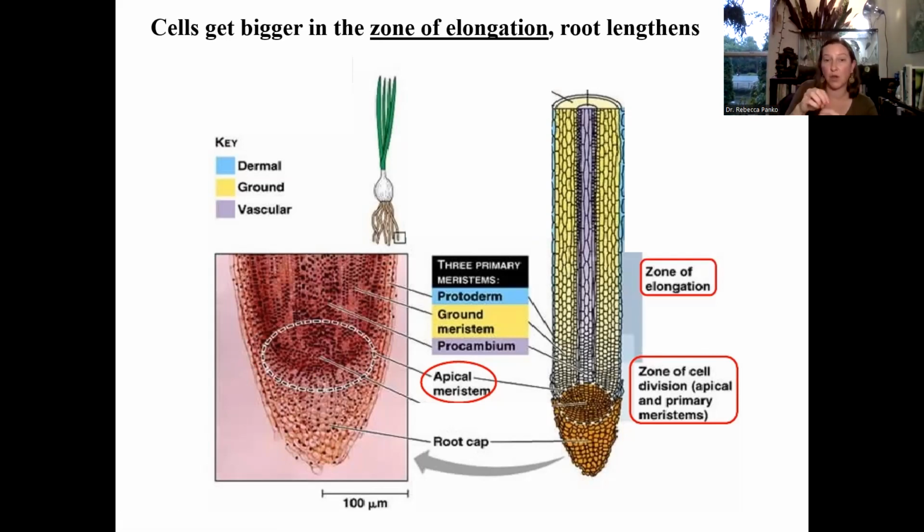As the cells get bigger and bigger, as these different tissues grow, like as the epidermis grows and as the cortex and pith grow and as the xylem and phloem grow, eventually those cells are going to get bigger and bigger, and that happens in the zone of elongation, which allows the root to get longer.